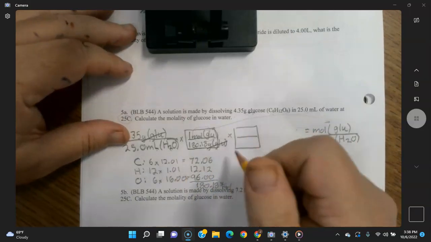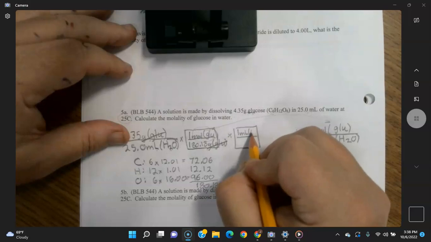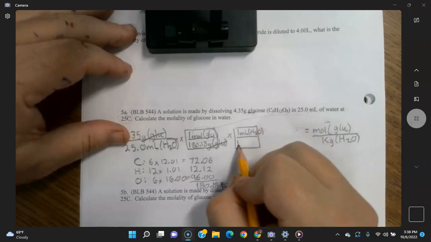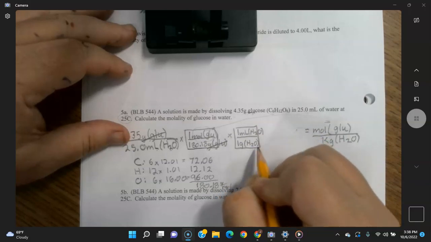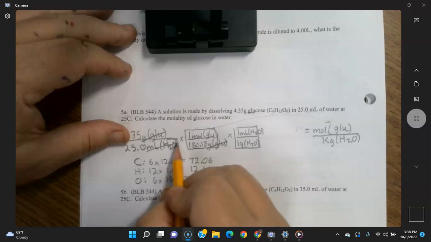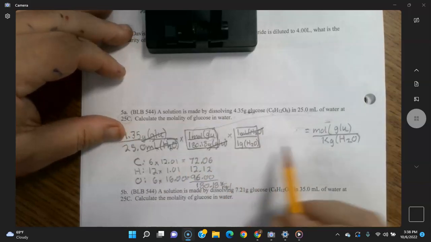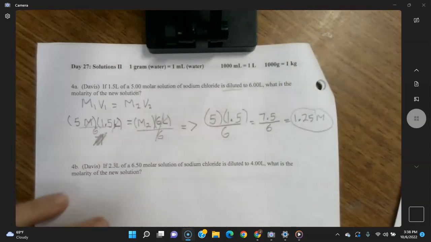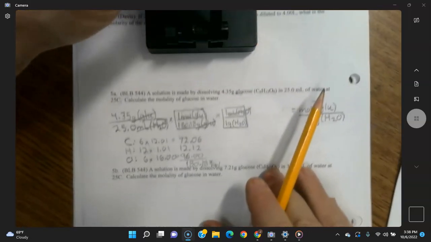So I'm going to put 1 milliliter H2O over 1 gram of H2O. So milliliters H2O cancels and cancels. Now I have grams of H2O on the bottom. I need to get to kilograms. So we use another one of our big three conversions. It's 1,000 grams equals 1 kilogram.